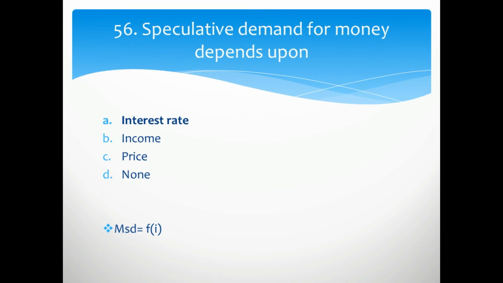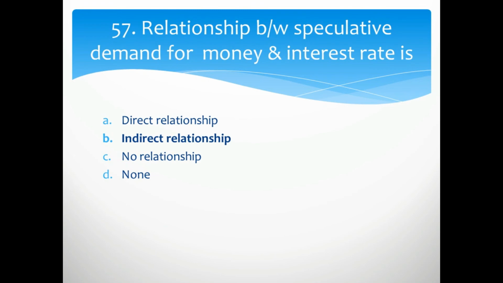Speculative demand for money depends upon the interest rate, and it is written as MSD. SD stands for speculative demand, M stands for money, and it is a function of the interest rate, I stands for interest rate. The relationship between speculative demand for money and interest rate is an indirect relationship. If the interest rate rises, then the speculative demand for money will decrease.